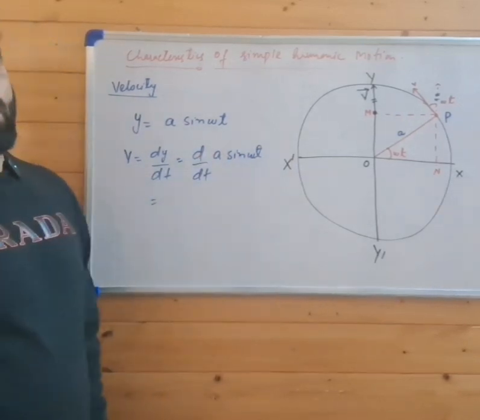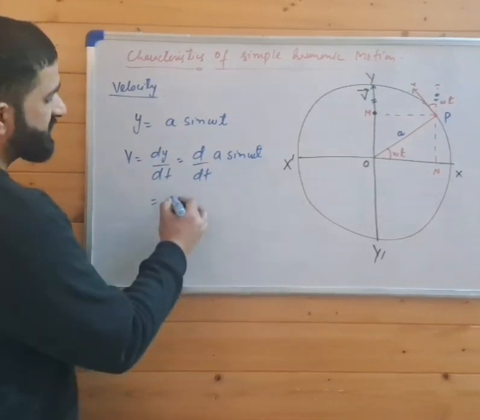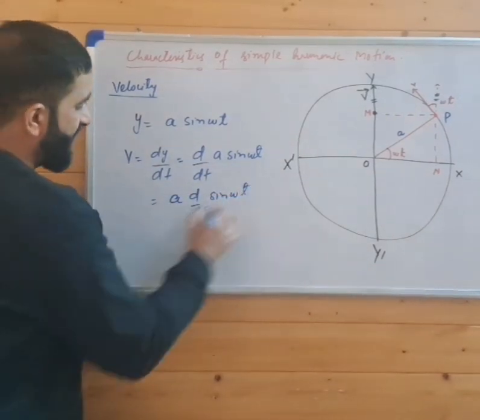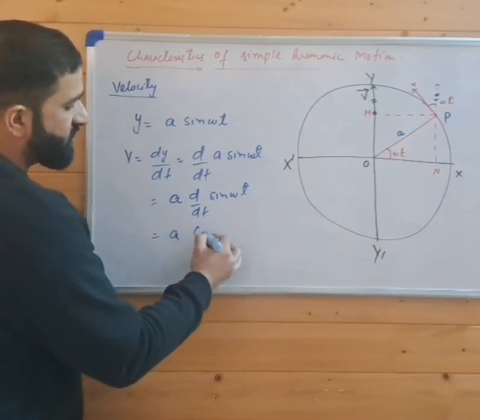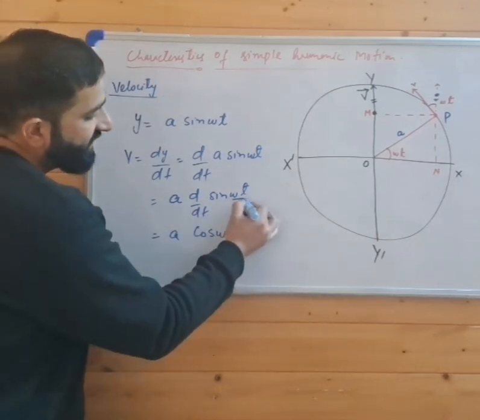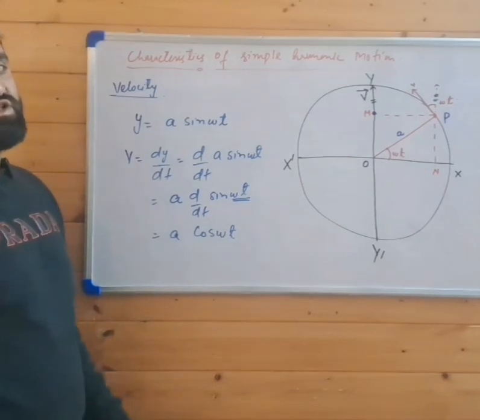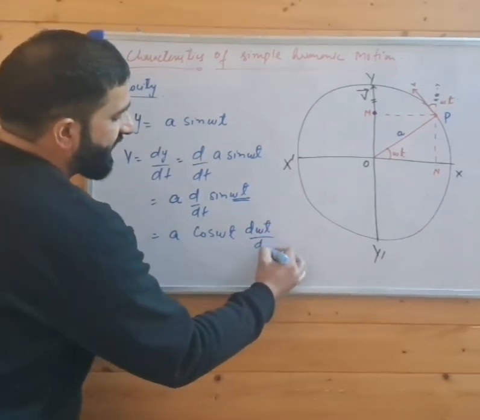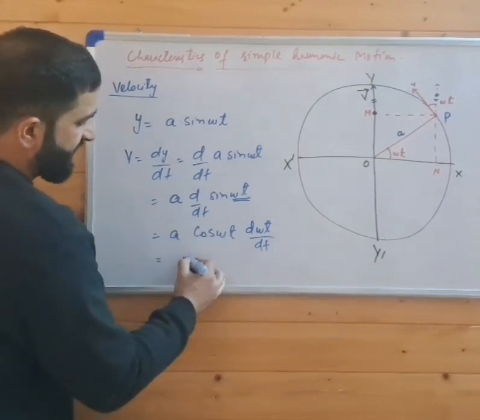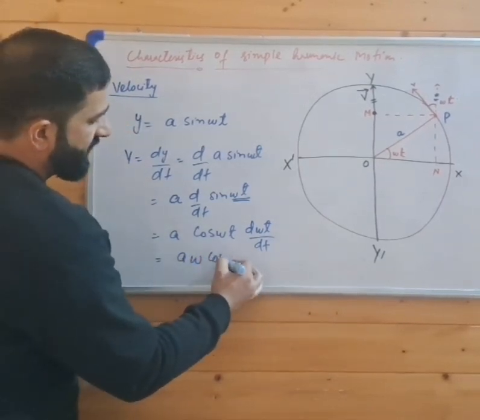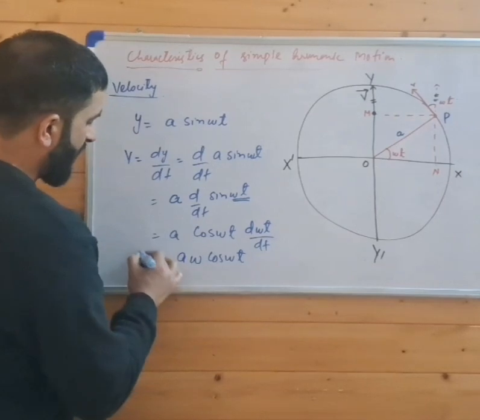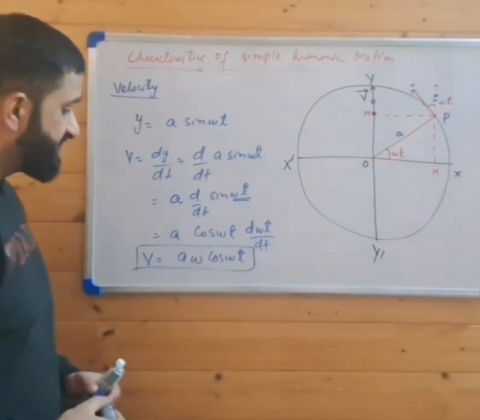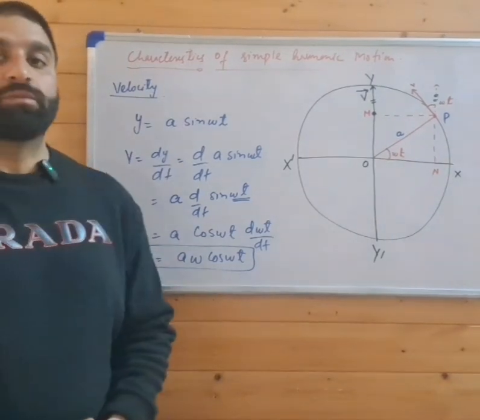Taking a out of this because a is constant, so a d by dt of sine omega t, and we know that the differentiation of sine is cos of omega t, and internal differentiation of omega t with respect to t, that is d omega t divided by dt. That gives the equation a omega cos omega t. So the velocity of the particle executing S.H.M is equal to a omega cos omega t.